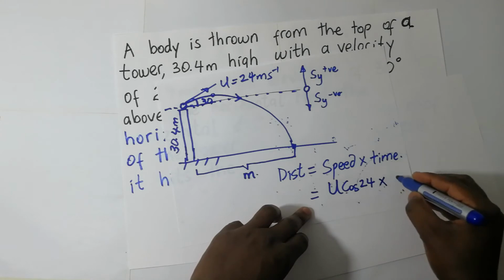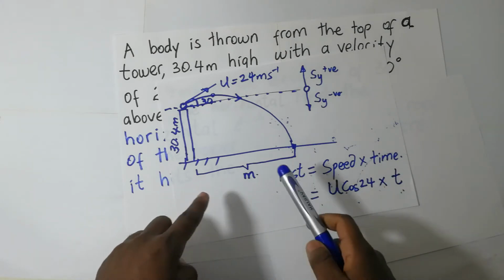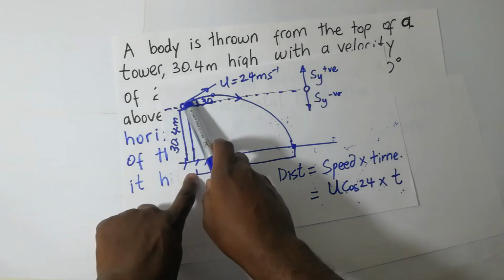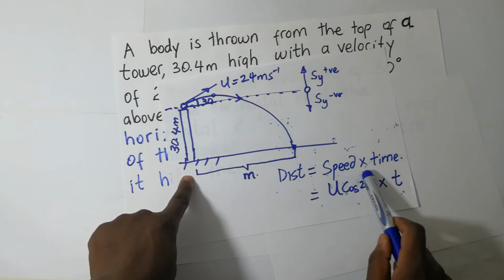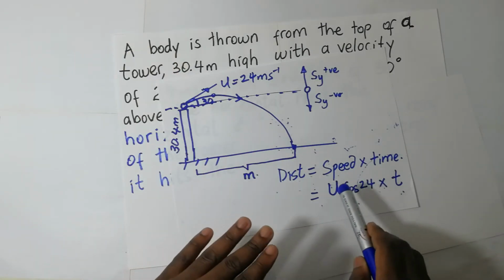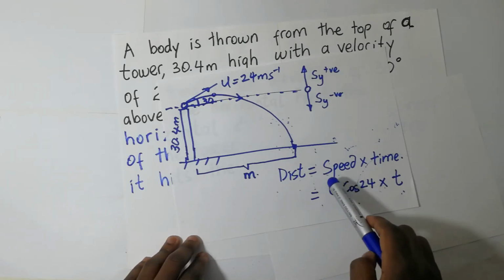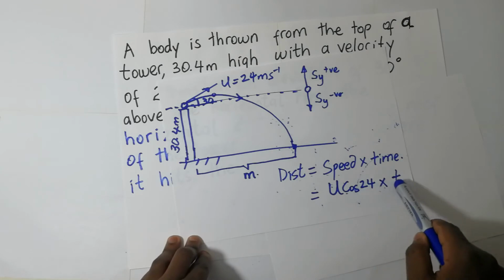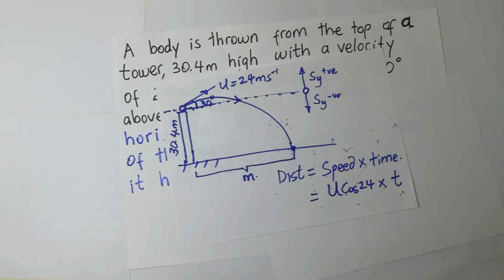Multiply that by the time. Now we do not know the time, but we need to know the time covered as this particle moves from here up to there. So the speed is u cosine of 24. Remember, we're doing this from first principles using the equations of motion. So u cos 24 times time. Now the time is what we're supposed to find using the equations of motion.